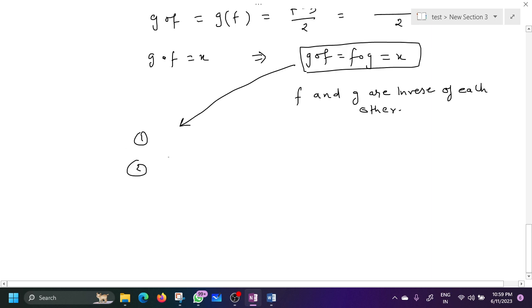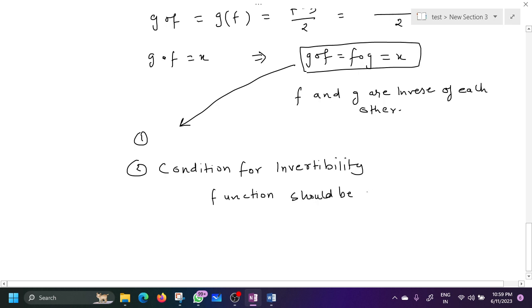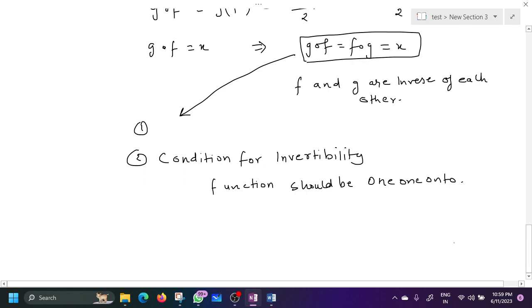Second point, I am talking about the condition for invertibility, and the condition for invertibility is that the function should be one-one and onto. Now both the tasks you have to do and check out, and do some research and find out what these things mean.